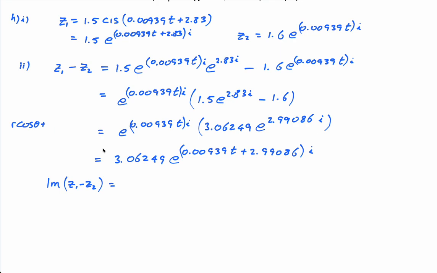So the imaginary part of this will be my r, which is 3.06249, sine of this angle, this is the angle, 0.00939 t plus 2.99086.